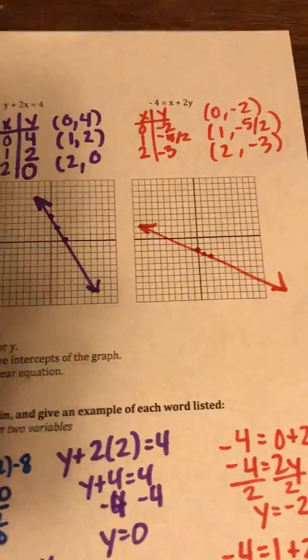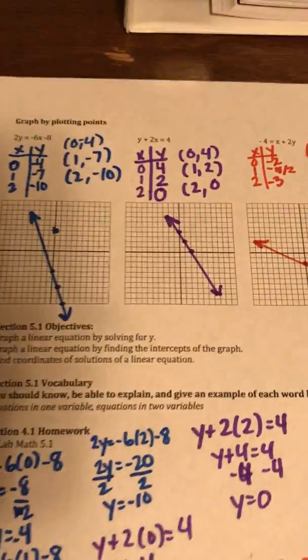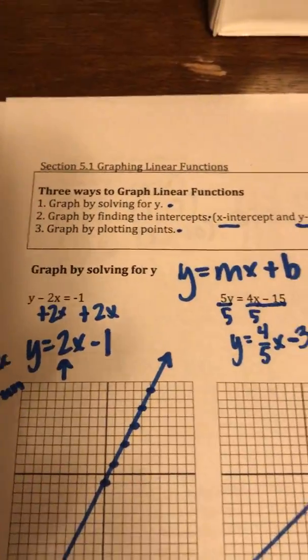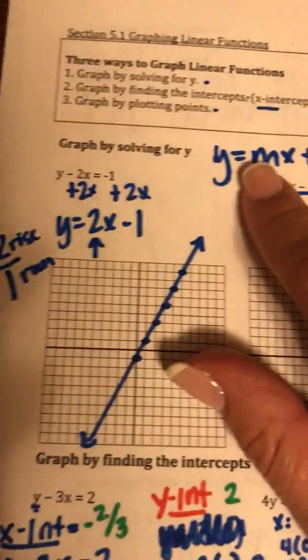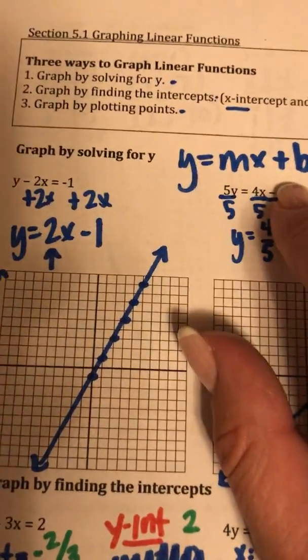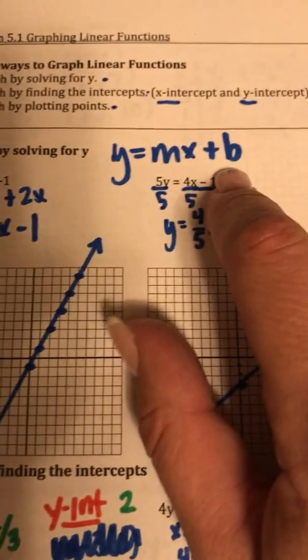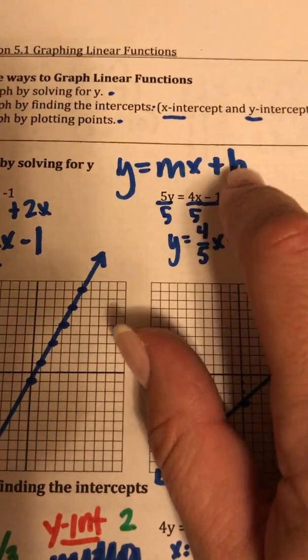Okay, so that is how we graph a linear equation by plotting points. So, to review, there are three ways to graph linear functions. You can either solve for y, where you get the equation into y equals mx plus b form, and then graph it using the intercept and the slope.